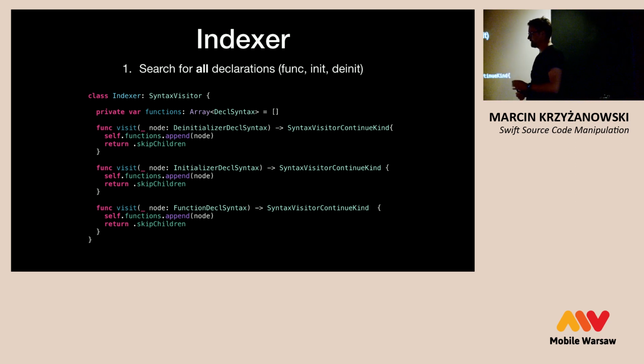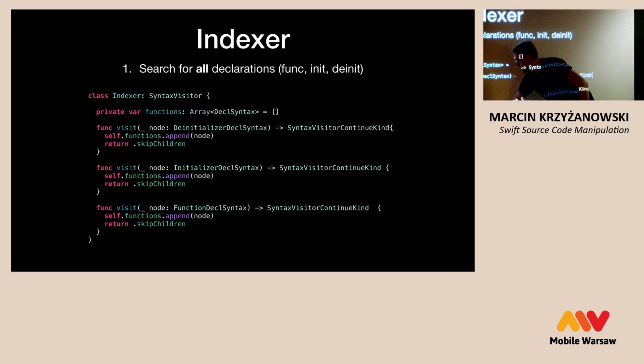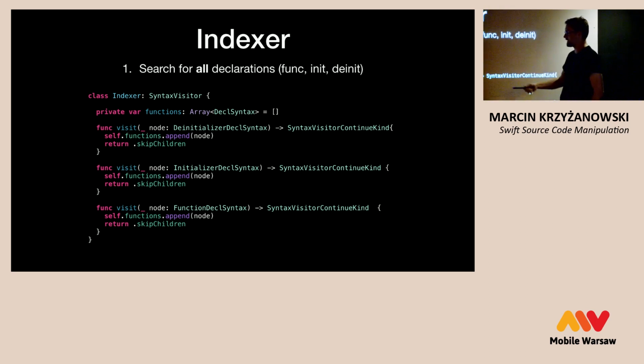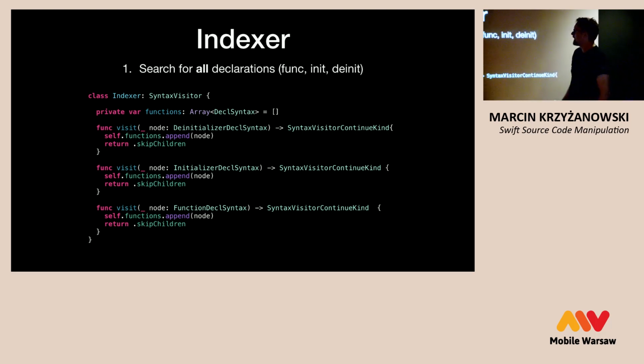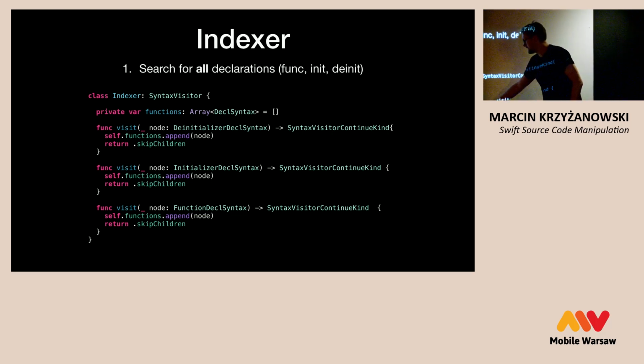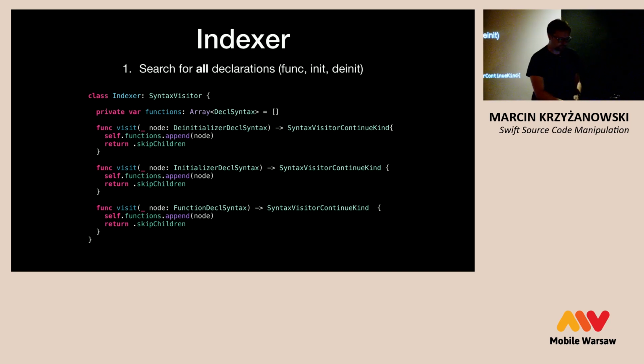This is the indexer. With the indexer, I just get all the functions I'm interested in and put them on the stack, in an array. The initializer, the initializer function, and so on and so forth. And I just remember that this is the first pass.